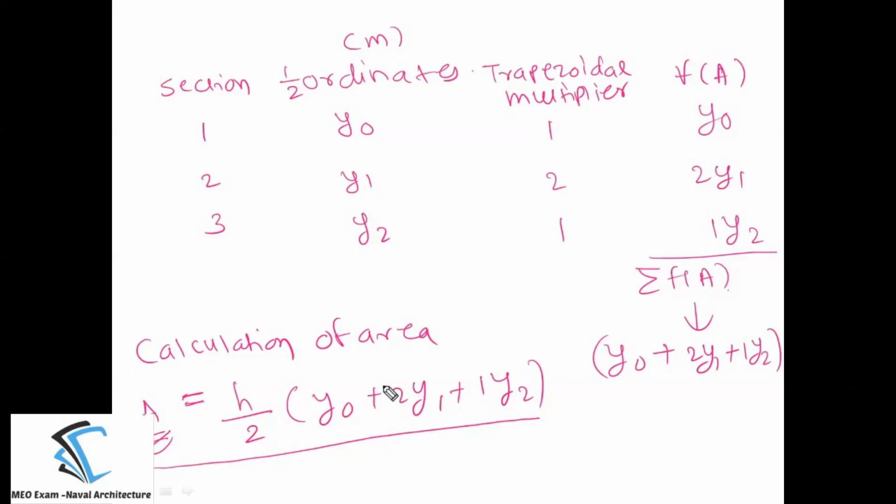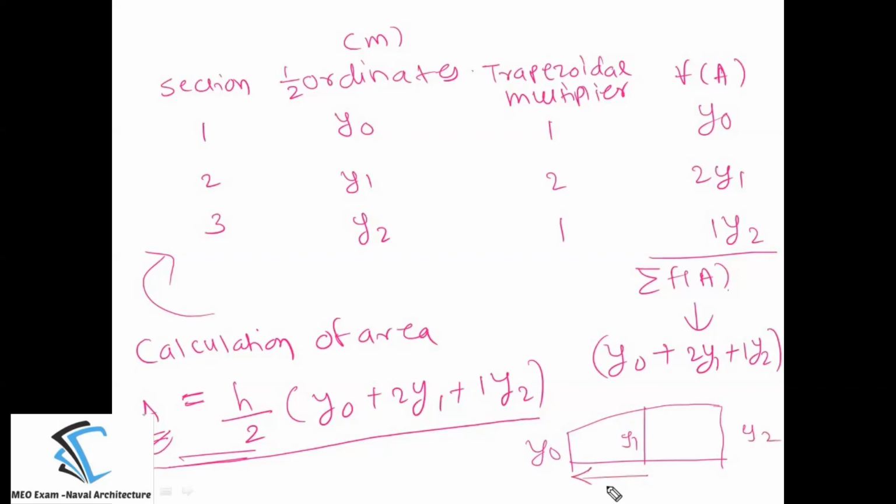So to avoid that, we are converting this formula into the form of a table, which you can see in front of you. So how I am going to make it now: you can see these three ordinates, y0, y1 and y2.